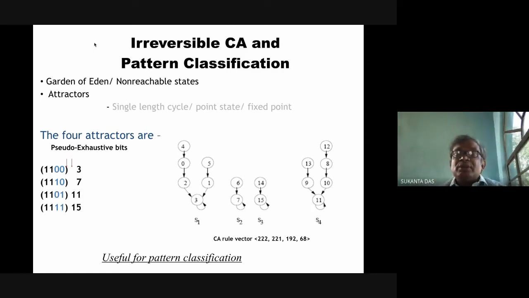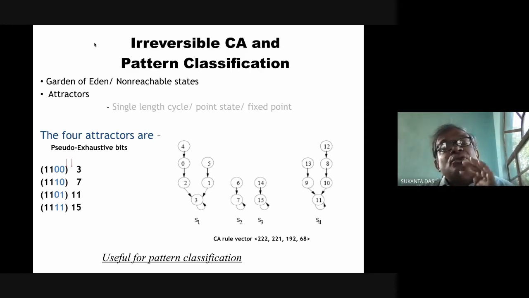So the structure of the cellular automata itself advocates some classification of patterns. You have to define the patterns, but this structure automatically classifies them in this way.